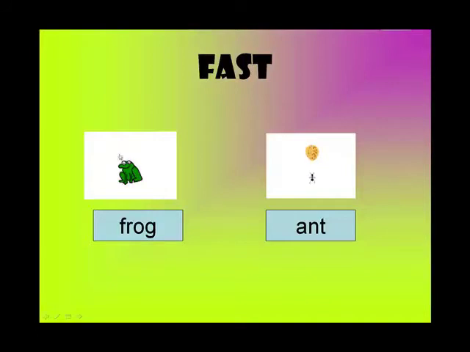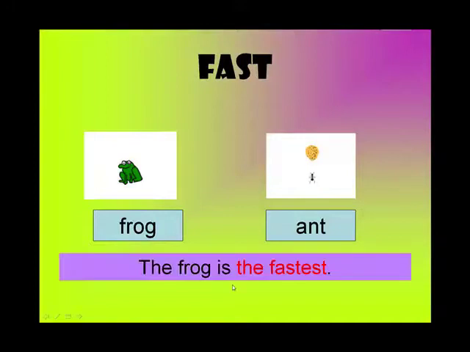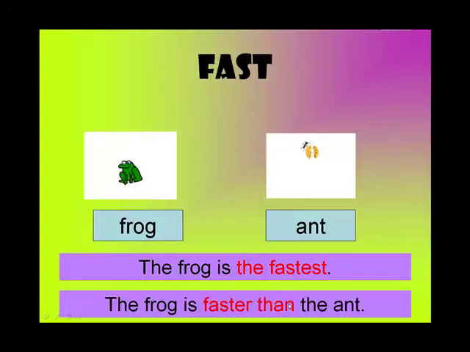And again, the frog is the fastest. So, first sentence is the superlative. I think the superlative is easier. The frog is the fastest. Between the two animals, the frog is the fastest, superlative. And if you compare one and the other, the frog is faster than the ant. Okay? This is the comparative.